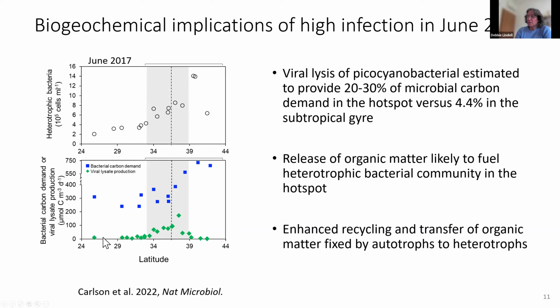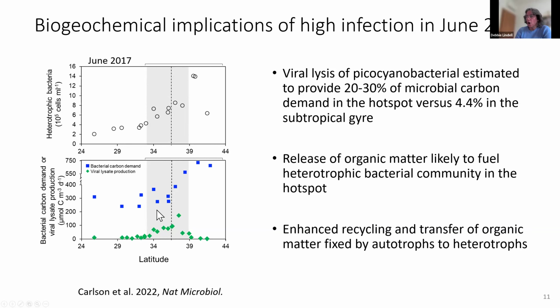But when we take the amount of lysis, if we estimate the amount of carbon in those lysates, we see that in subtropical waters of 2017, viral lysis would only be able to provide for about 4.5% of the demand needed by bacteria, which has been determined by leucine incorporation experiments.